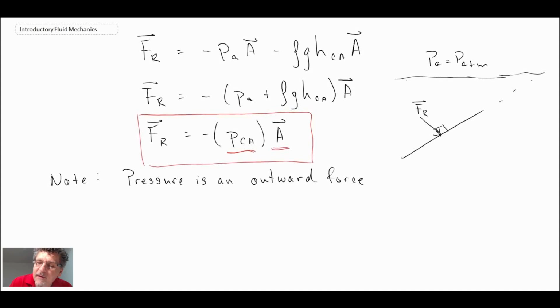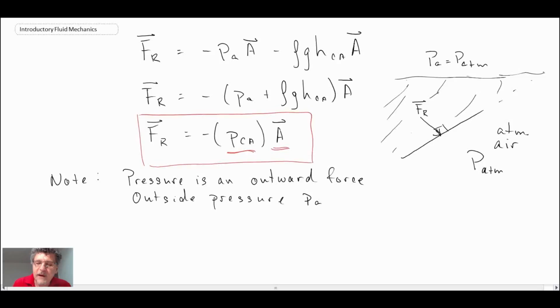Let's assume that we have a scenario where we have liquid in here and we have atmospheric air down here. Consequently, we can say here is also P atmosphere. If you have the outside pressure being P atmosphere, and knowing that the force is acting normal to the plate, we can get rid of the vector notation, and what we end up with is the pressure at the center of area is nothing more than rho g HCA, and then that is multiplied by the area of the plate.